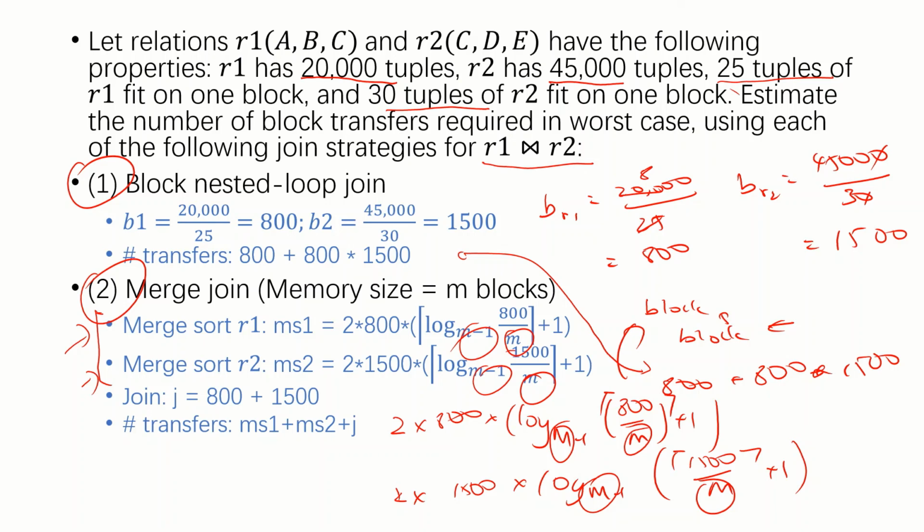So where were we? After that, this is the cost for R1, the cost for R2, and we know that the join cost is the cost of reading each block individually, so it will be 800 plus 1500. The transfer cost will be this plus this plus this, and that is how we solve this for merge join.